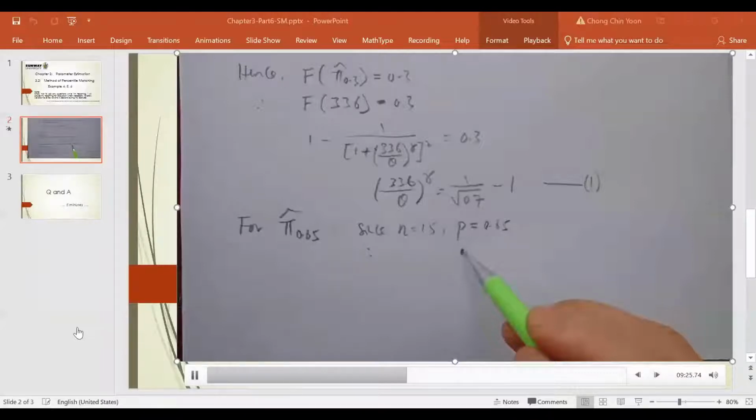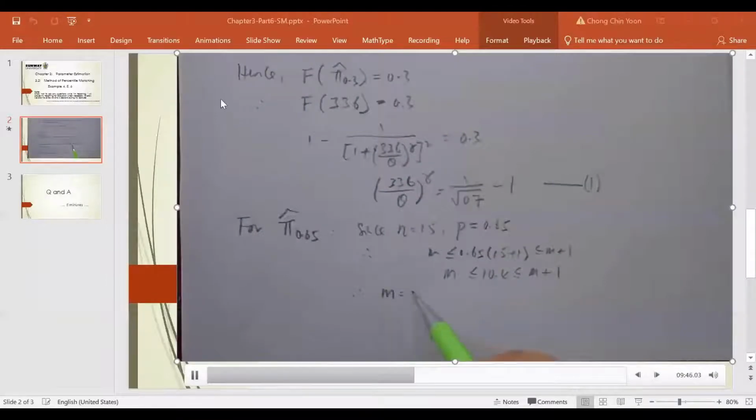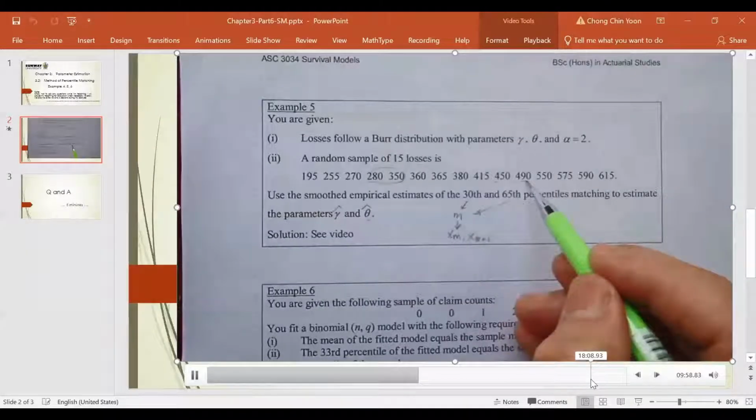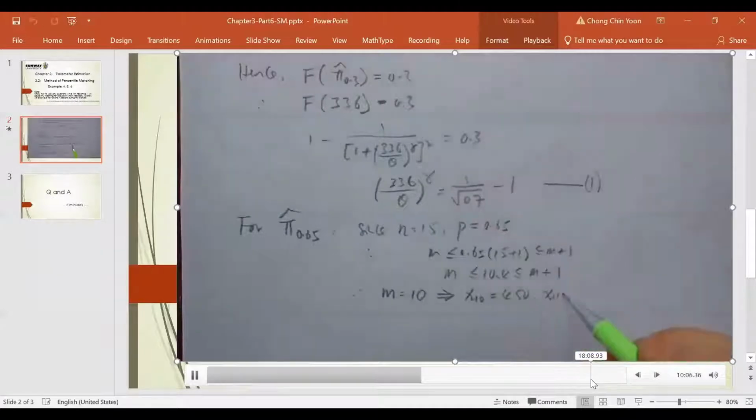Now we choose m as 10. So this will give me the 10th observation, which is 450, and the 11th observation, which is 490.